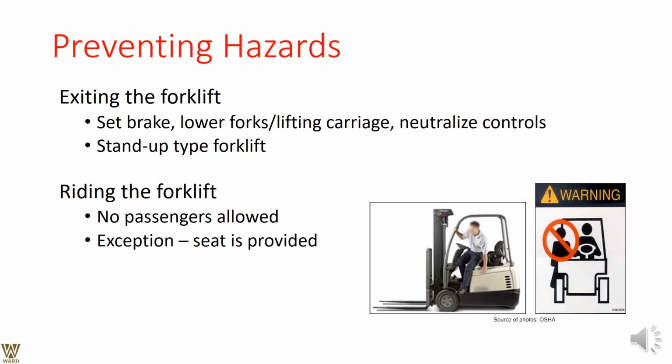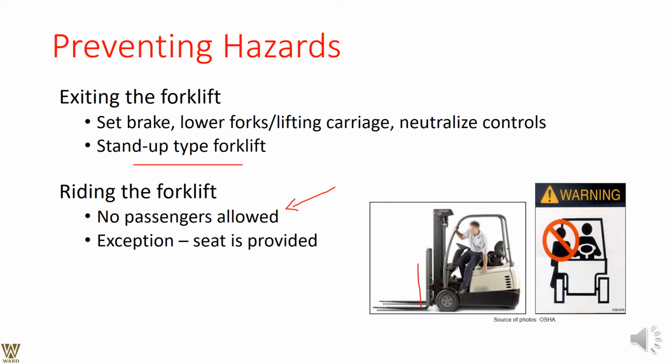We are talking of exiting the forklift. How do we exit the forklift with the center brake? Number one, lower the fork table. This is the forklift that has to be lowered. Lower the lifting carriage, neutralize the controls, put it in neutral, and for a stand-up type forklift as well. Riding the forklift, never ever have two persons ride the same one, except where a seat is provided.